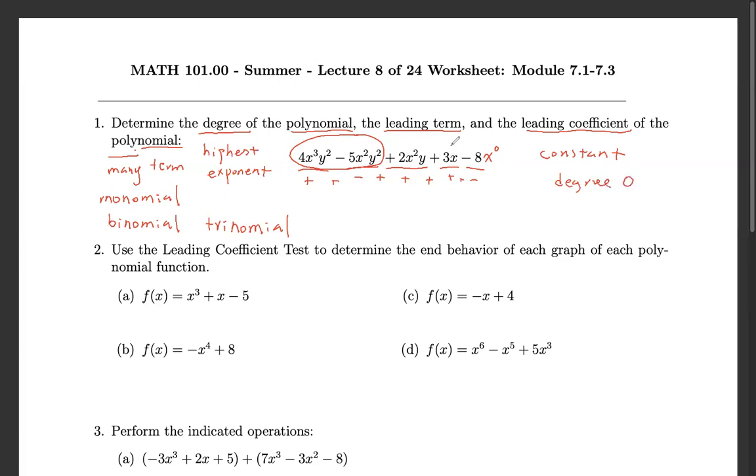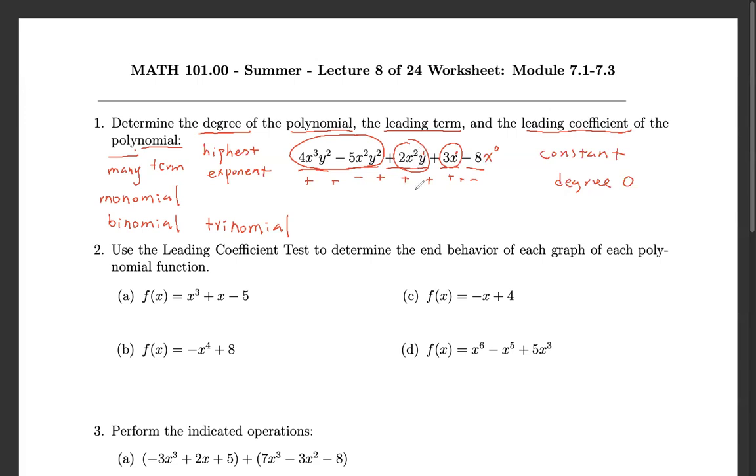Then 3x, this term is degree 1 because x is x raised to the 1, so degree 1. And this term, we have 2 variables. We have x raised to 2, we have y raised to 1. So when we have 2 variables, we add the exponents. That becomes the degree.